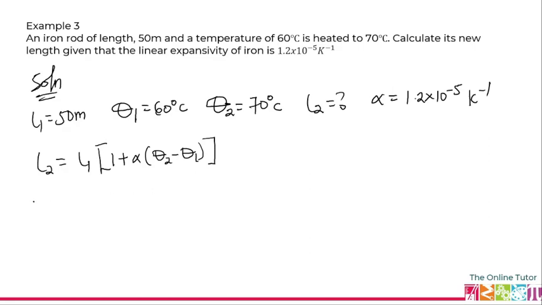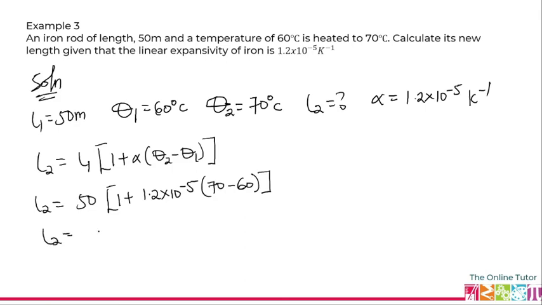So from here we know L2 is equal to our L1, which is 50 meters, into bracket 1 plus alpha, which is 1.2 times 10 raised to the power negative 5, multiplied by the change in temperature, which will be theta 2, 70 degrees Celsius, minus theta 1, 60 degrees Celsius.